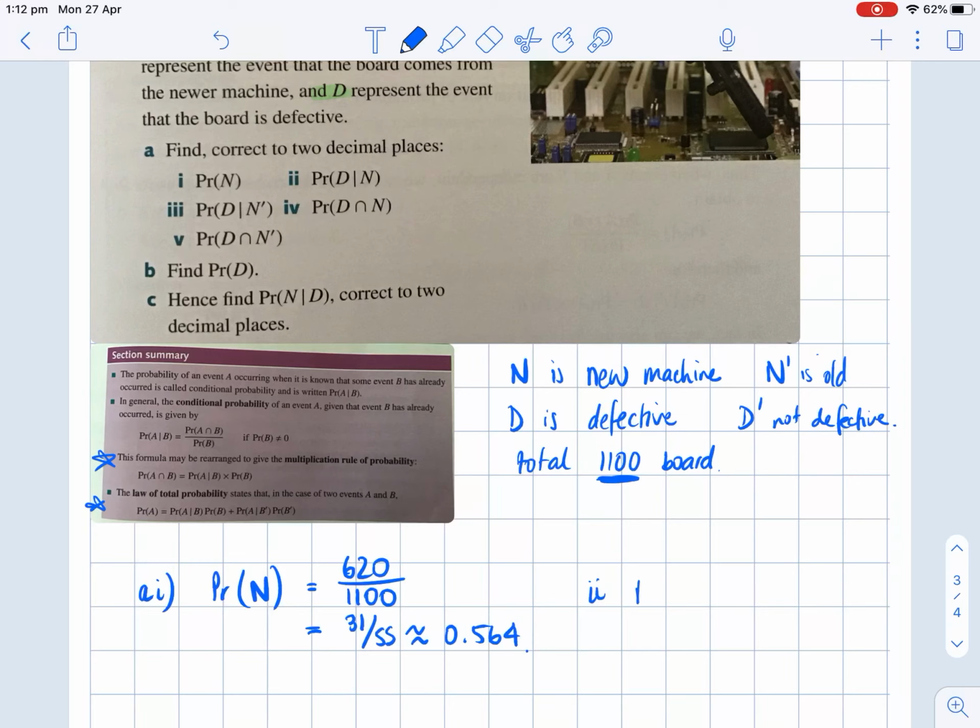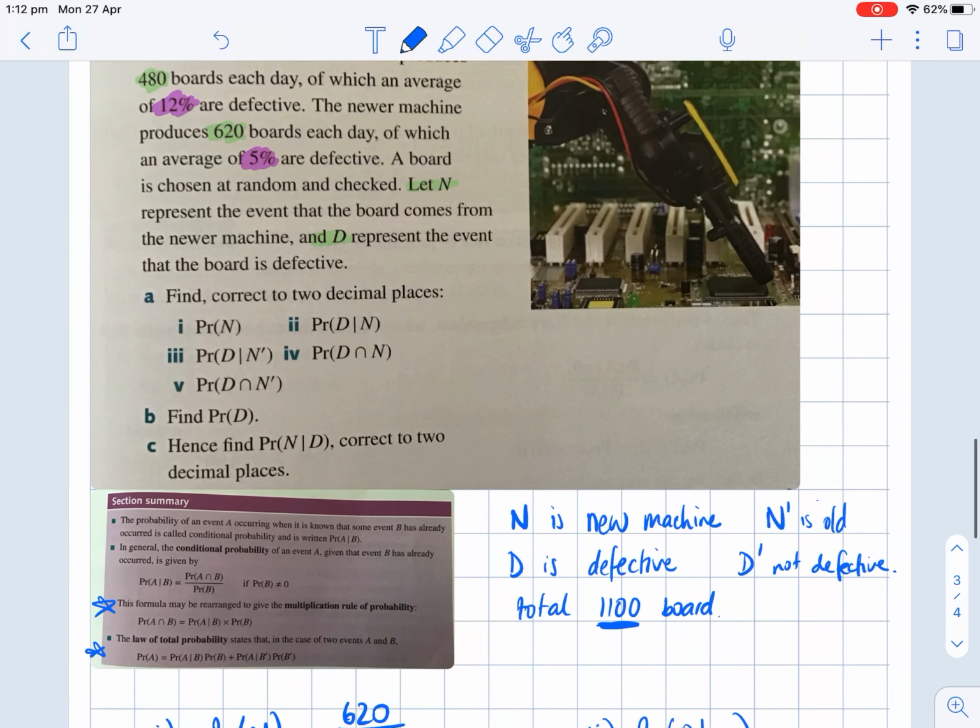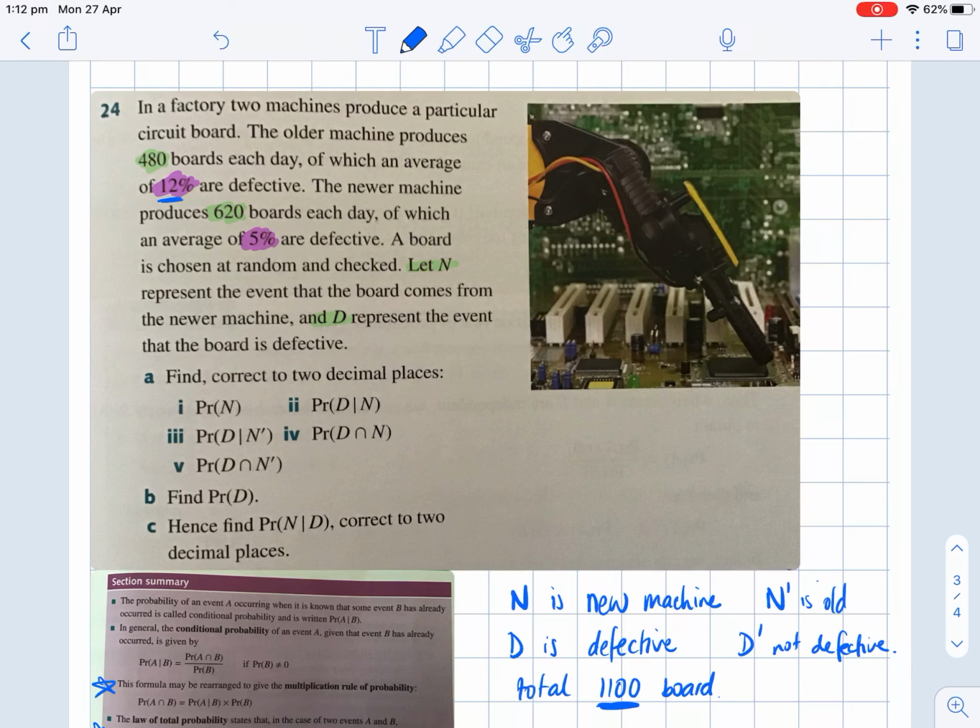All right, part 2. We want to find the probability that they're defective given that they're from the new machine. Now I could go right back and use the formula, the probability of D and N over the probability of N. I don't need to do this though, because if I read the question carefully, it actually tells me the probability of them being defective given that it comes from the new machine.